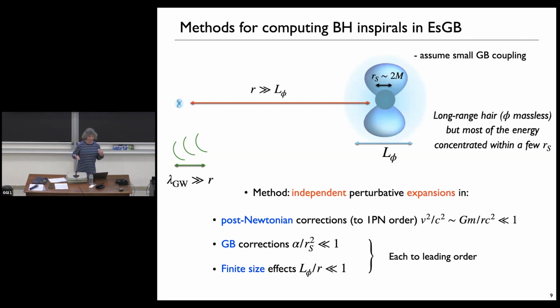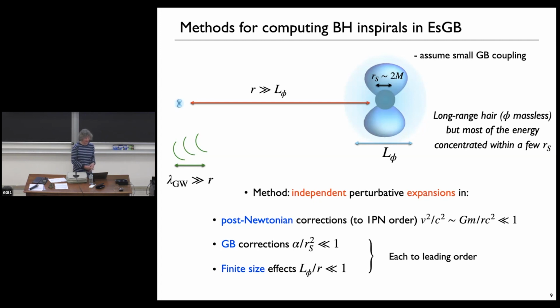So one might worry that our approximation might not work so well for a binary system. But it turns out when we look at the exact profile of the scalar condensate, there's still a characteristic scale we can associate to it where about 90% of the energy in the field is concentrated. And that is within a few Schwarzschild radii from the black hole.